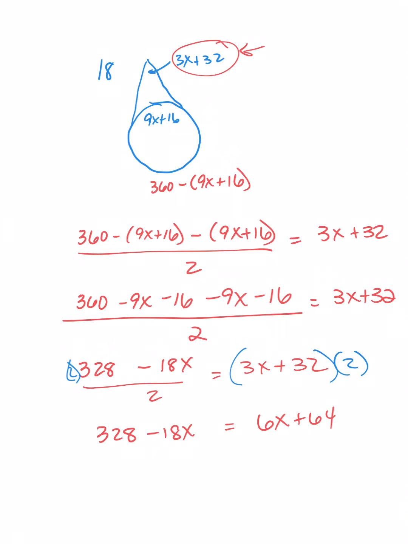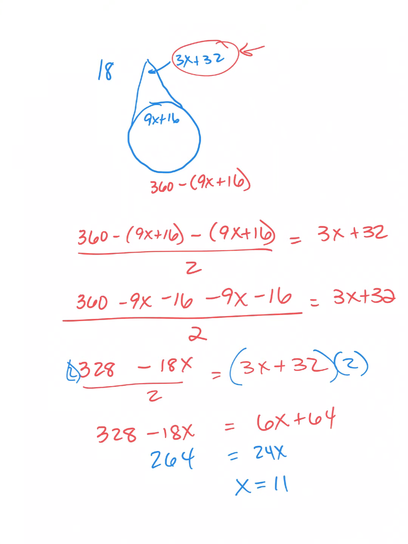So we get 6x plus 18x is 24x equals 328 minus 64 equals 264, and 264 divided by 24, gosh, they like 11s in this worksheet.